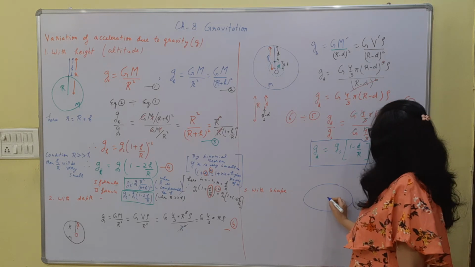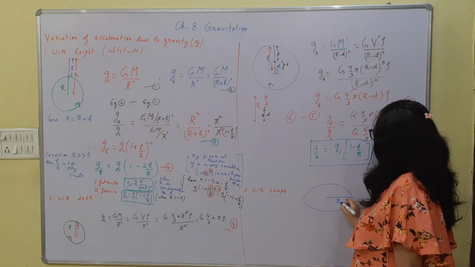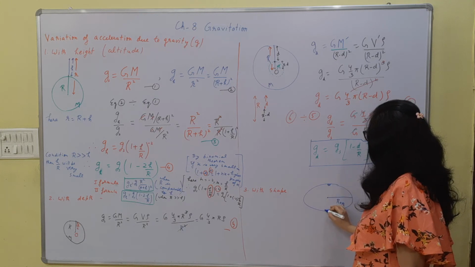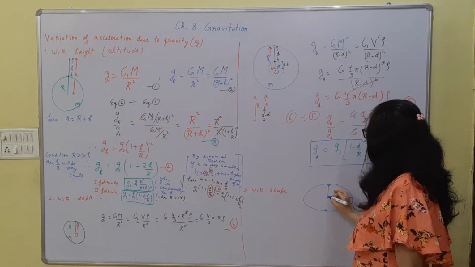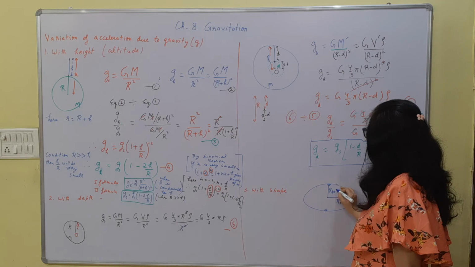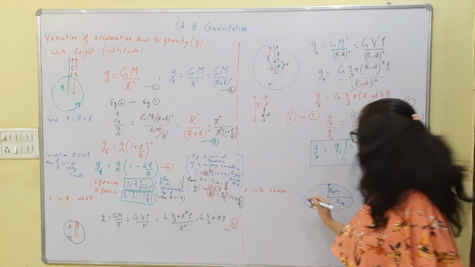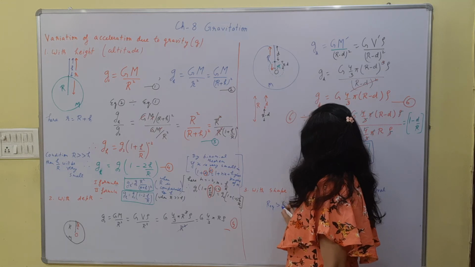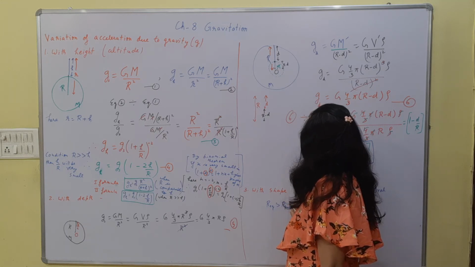So you can say that the radius at equator is greater than radius at poles. So R at equator is greater than R at poles.